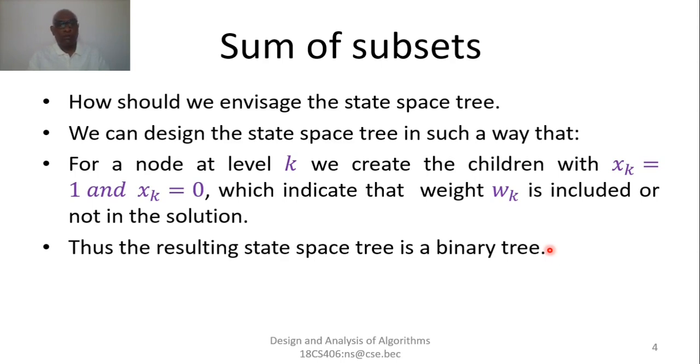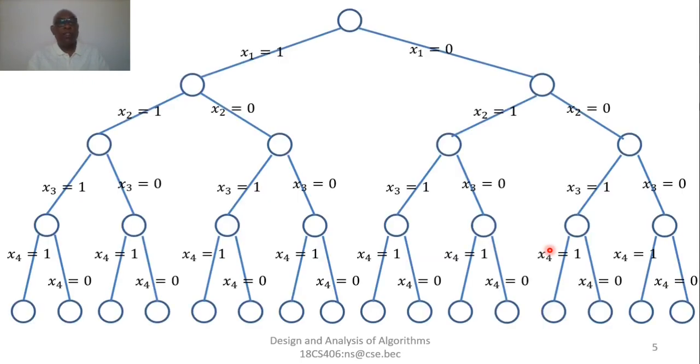Now let's look at how the state space tree looks. As I said, this is the conceptualization of the state space tree. This state space tree is never constructed in its complete sense. This is the root node at which we begin, and which is at level k equal to 1. So at k equal to 1, we choose the values x1 equal to 1 and x1 equal to 0.